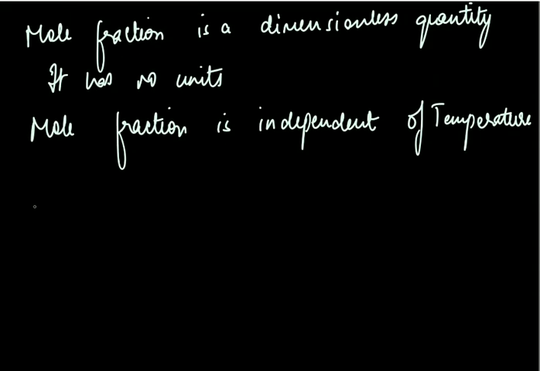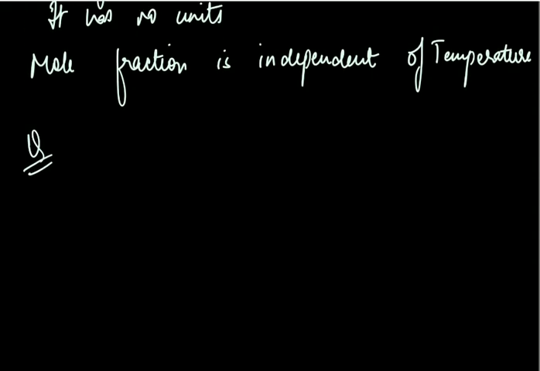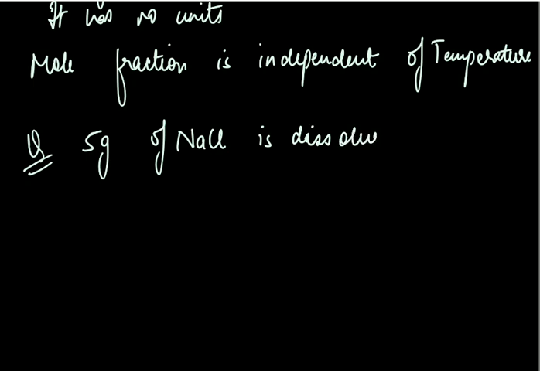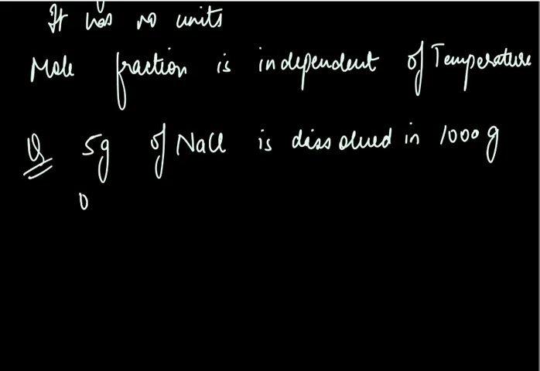Right, now we go to the numerical. So let's take this example. 5 gram of NaCl is dissolved in 1000 gram of water, right? And one more thing we need to understand is the relationship of density and molarity.